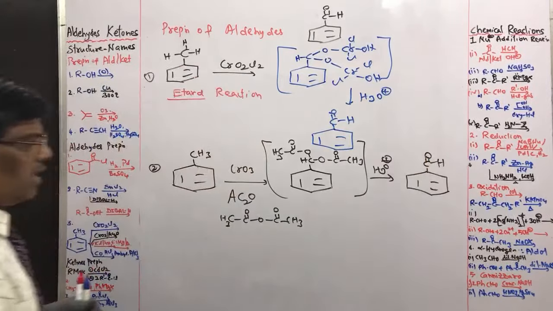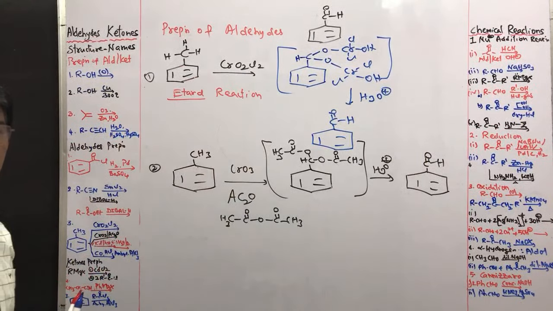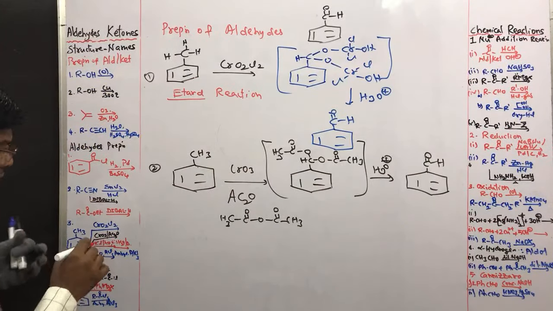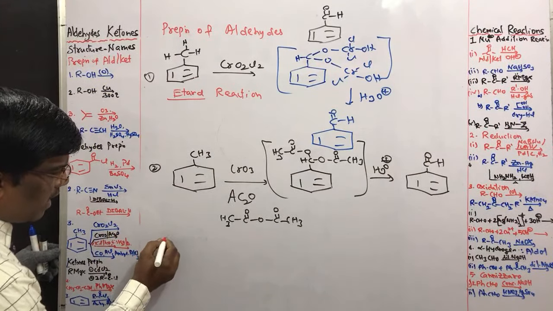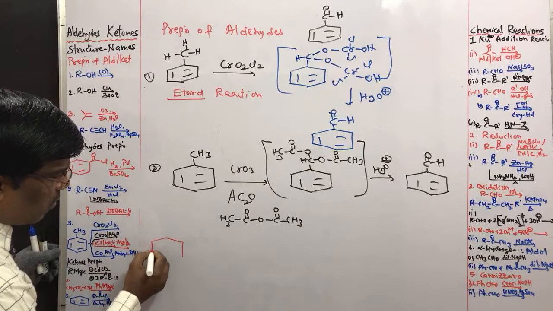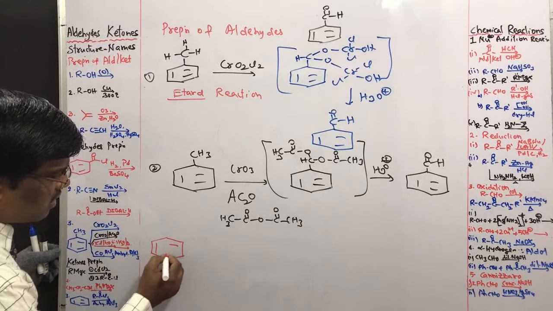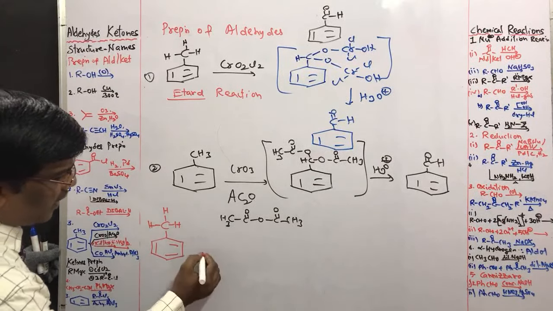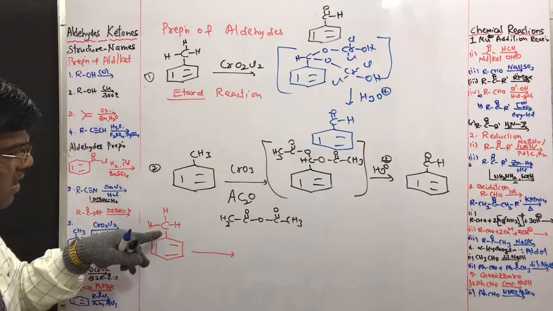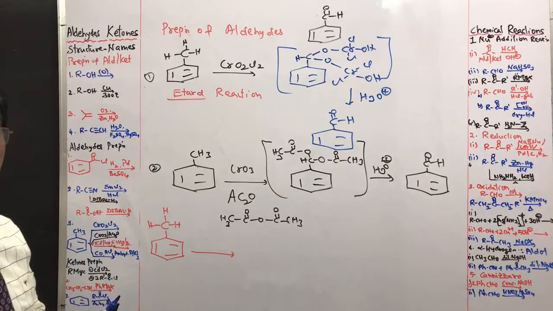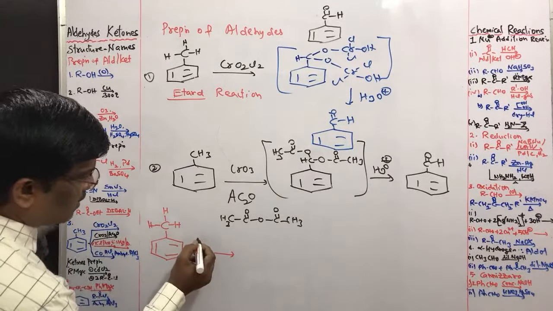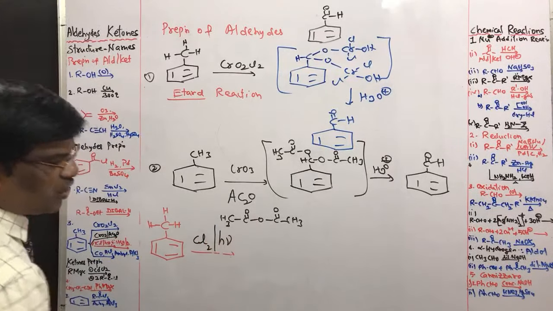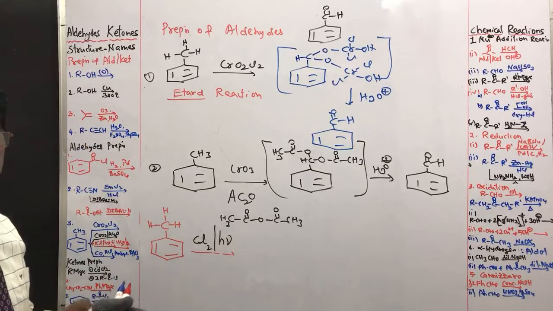This is the second method. And the third and important commercial method for the preparation of benzaldehyde is from toluene by halogenation followed by hydrolysis. Toluene, when I do free radical halogenation, how to do halogenation? Use chlorine gas in presence of light, that is hν. hν is light, yes, students.